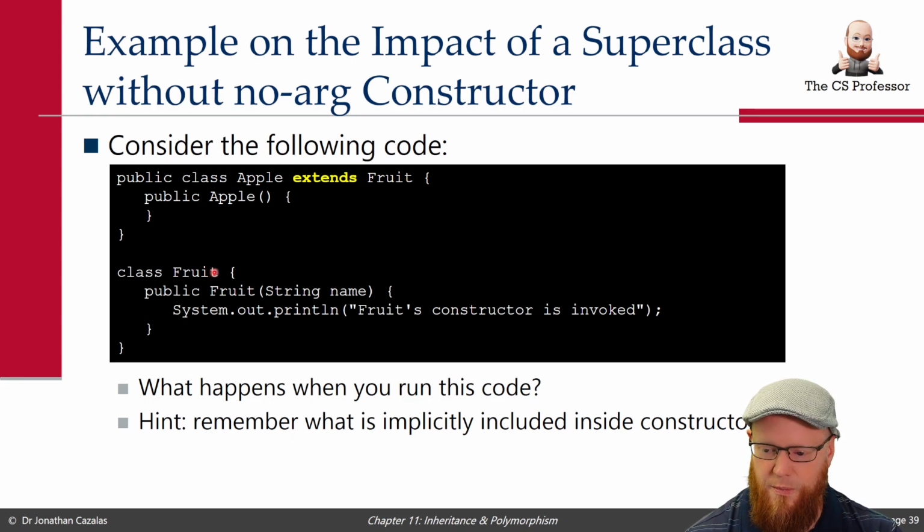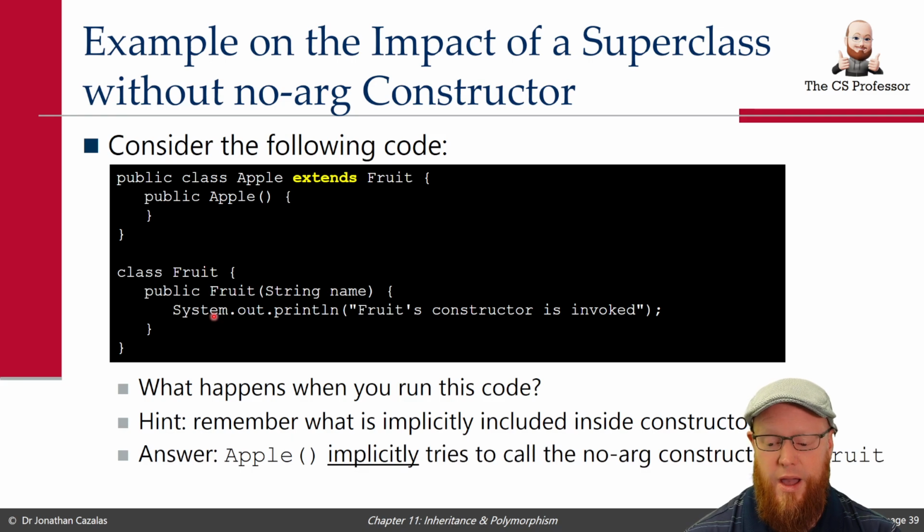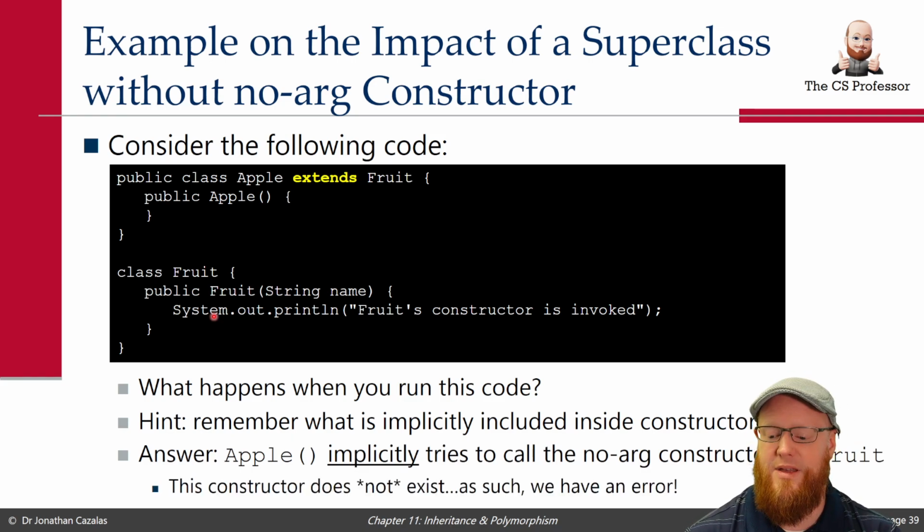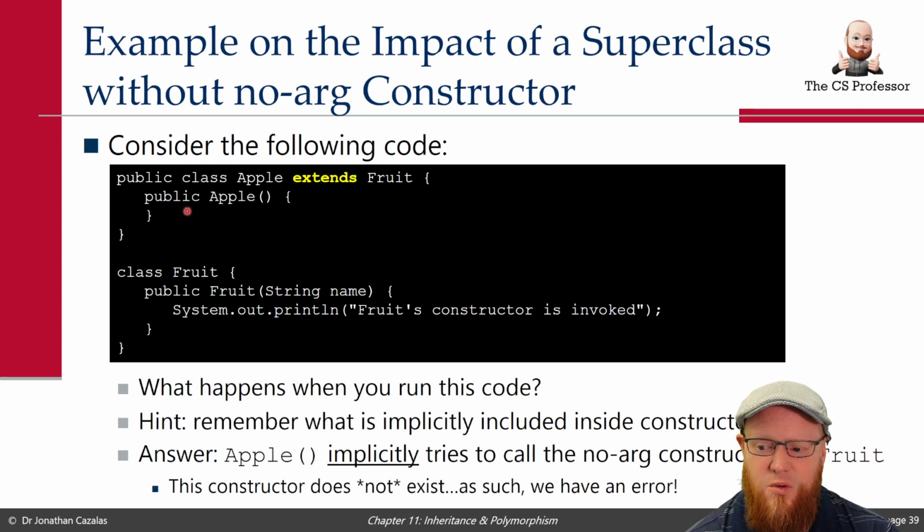So we come to Fruit and we look for a no-argument constructor of Fruit, and we don't find one, which means we're going to have an error. There is no no-argument constructor of Fruit, which is what's being called right here with that keyword super. It's implicitly given, and therefore we would have an error.